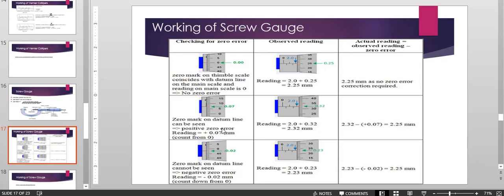Multiply it with the least count of the screw gauge. You will get 0.07 millimeter. As it is a positive error, it will be mentioned with the positive sign. But you will subtract it from the main reading in order to get an accurate diameter of the object.